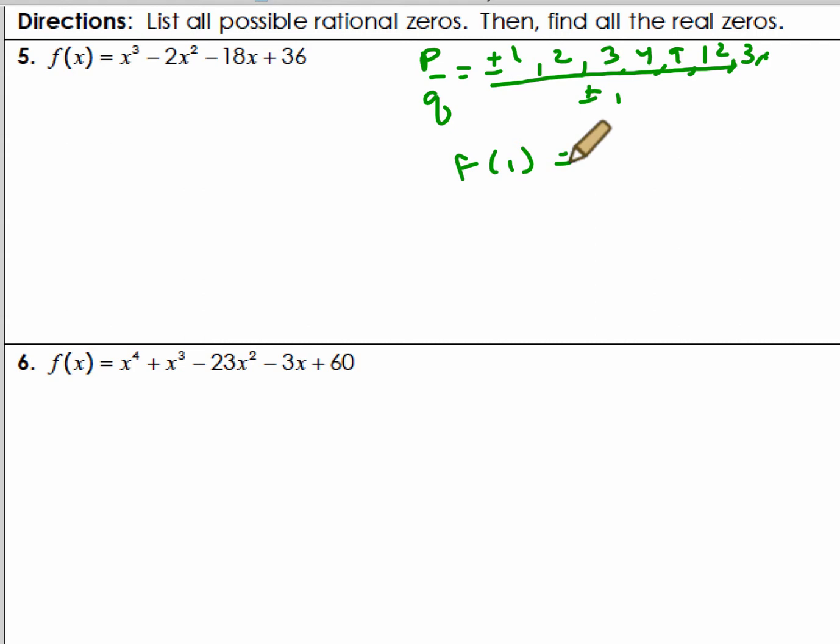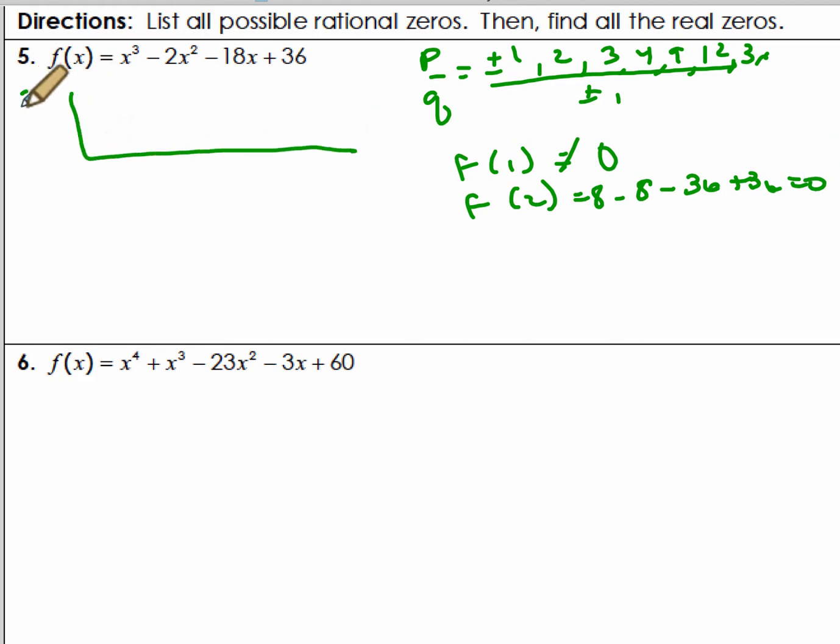Negative 1 minus 18 plus 36, not equal to 0. So now I'm going to try 2. Well, 2 gives me 8 minus 8 minus 36 plus 36, which is 0. So that means if I do synthetic division using 2, I'll get a remainder of 0.